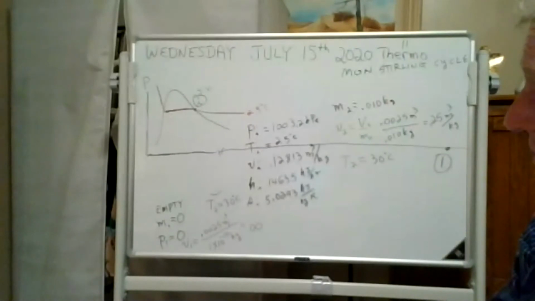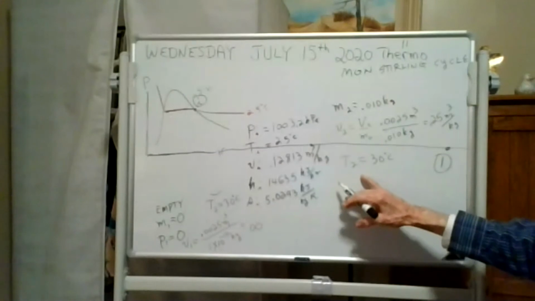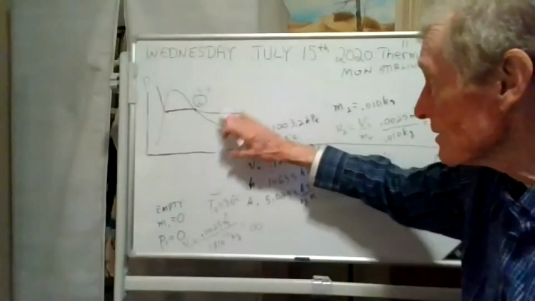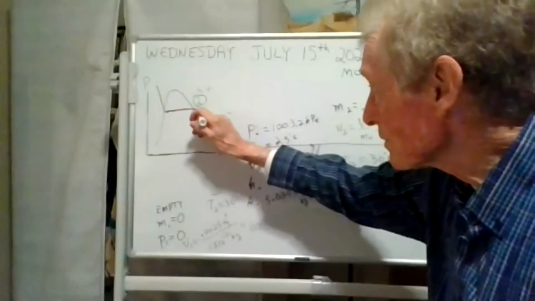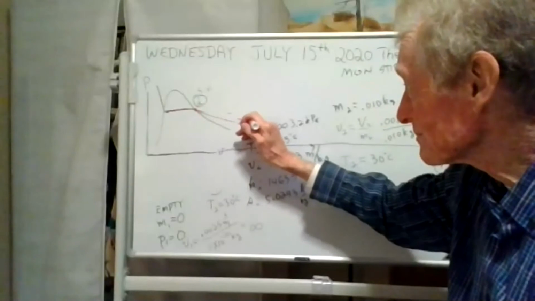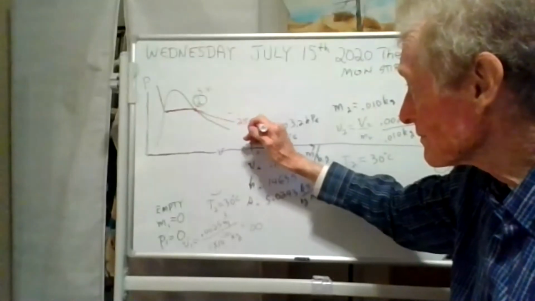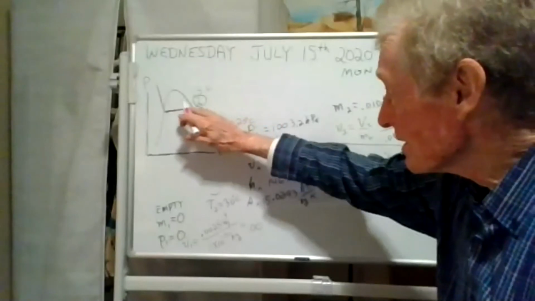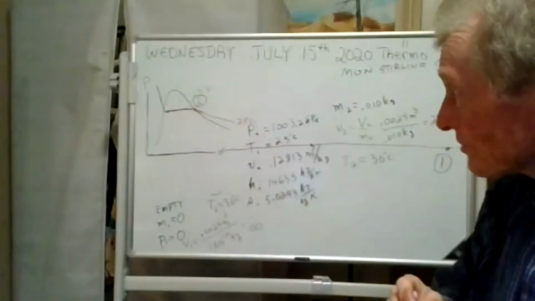But where is state 2? Well, I don't know. It's at 30 degrees. Let me fudge this just a little bit. This slopes downward a little bit more than that, kind of like that. It's going to end up at 30 degrees.